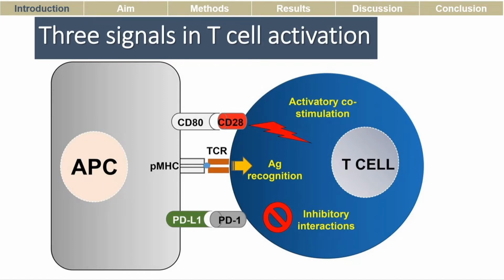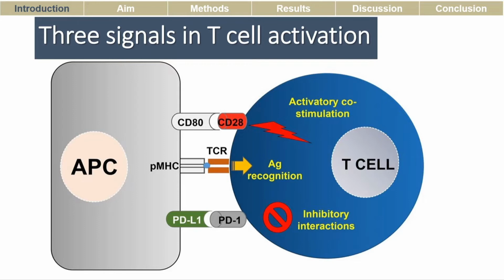Antigen recognition is mediated by the interaction of major histocompatibility complex on antigen-presenting cells with T cell receptors on T cells. This signal can only activate the T cell in presence of a co-stimulatory signal caused by the interaction of CD80 on the antigen-presenting cell with CD28 on the T cell. This is called the co-stimulatory signal.